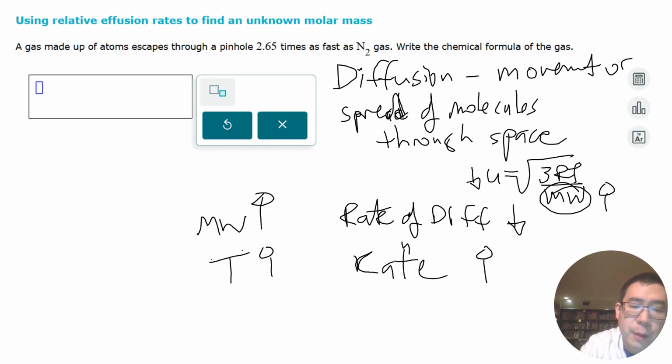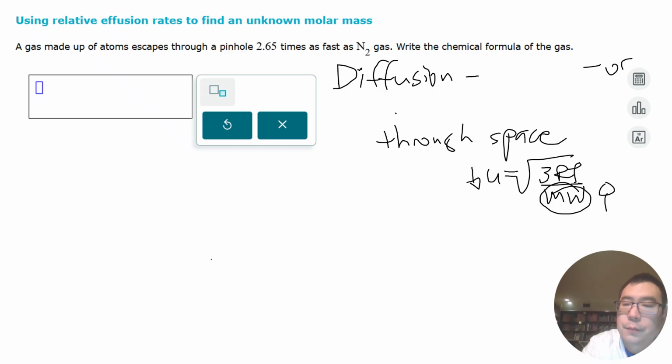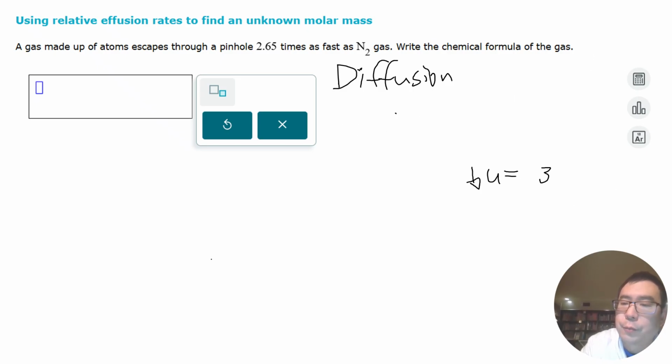However, the second term that I mentioned is called effusion, right? And we will do calculations with effusion. So I'm going to erase all this stuff with diffusion, and then now we're going to look at effusion. And effusion is also related to the spread of molecules, gas molecules, but not through space.